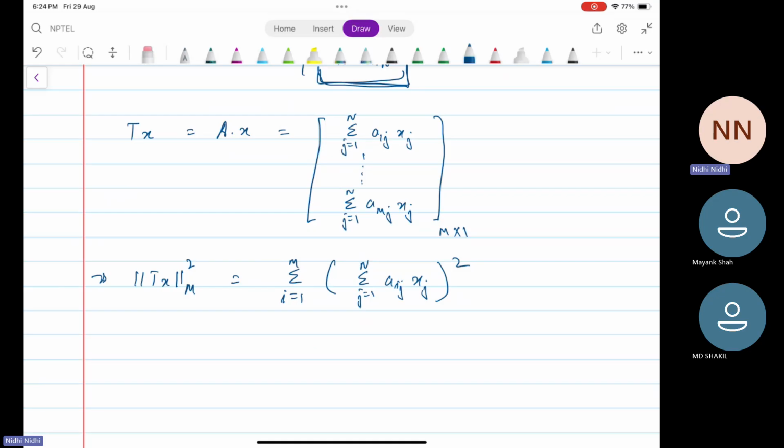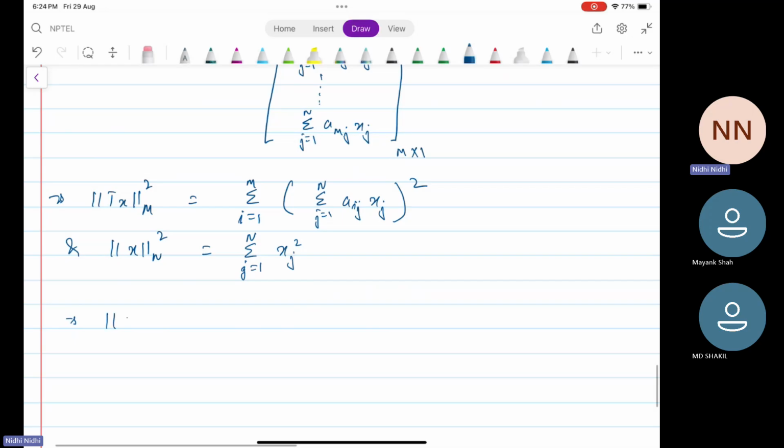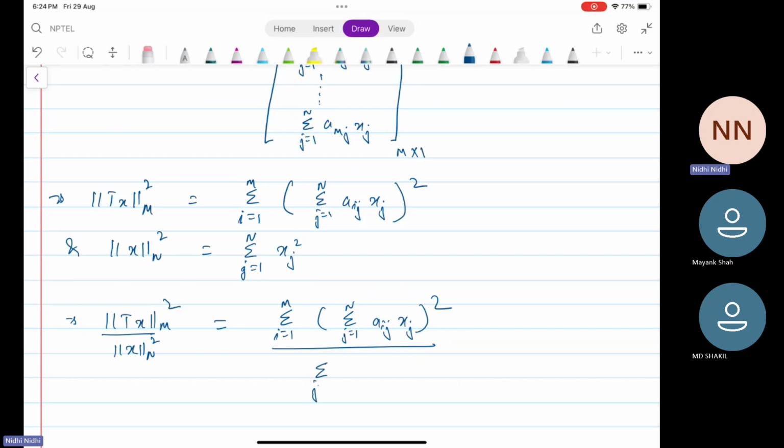Let's take norm x as well. Norm x in Rn squared will be summation j from 1 to n xj squared. So norm Tx in Rm squared by norm x in Rn squared is equal to summation i from 1 to m, of summation j from 1 to n aij xj, squared, upon summation j from 1 to n xj squared.